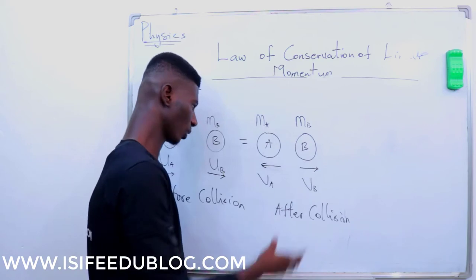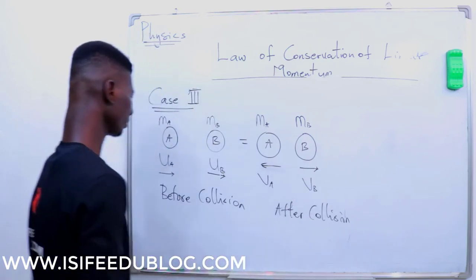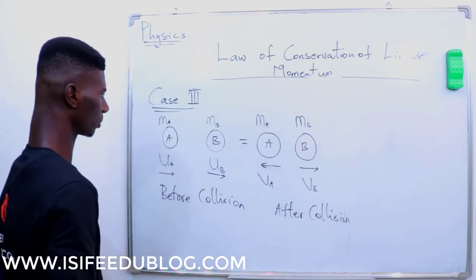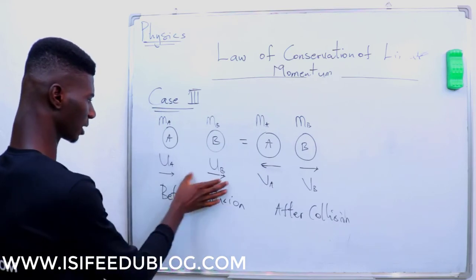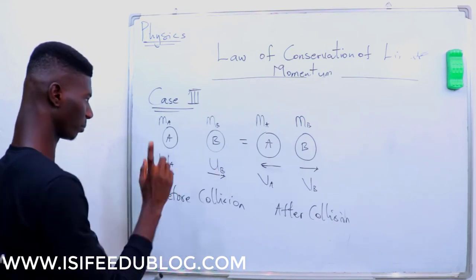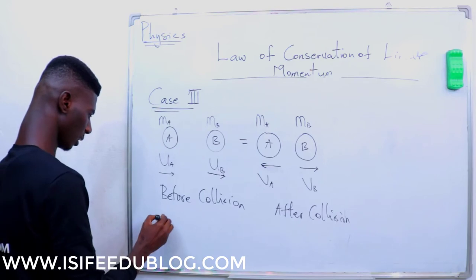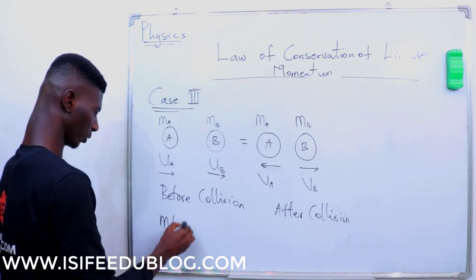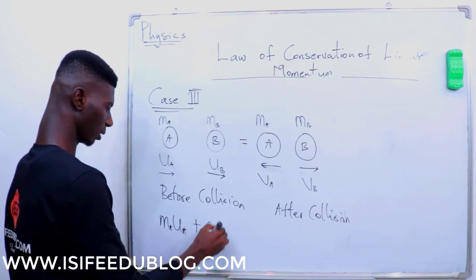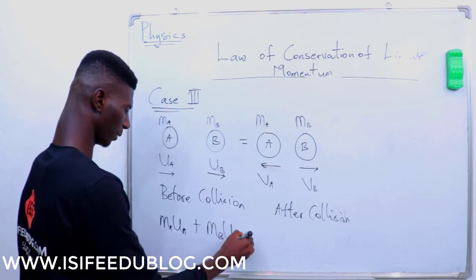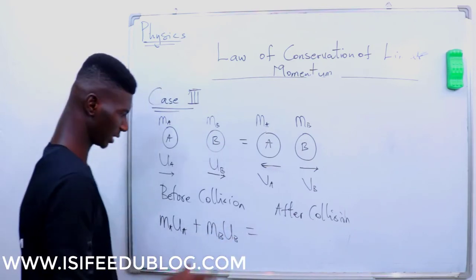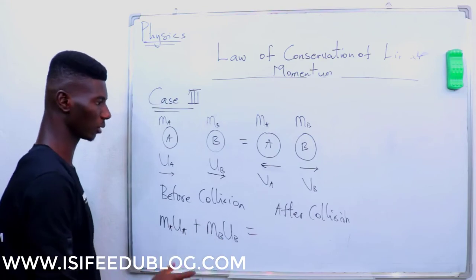So now what do you do here? The total momentum before collision, this is moving in the same direction before the collision. So we have mA uA plus mB uB. This is the total momentum before collision.